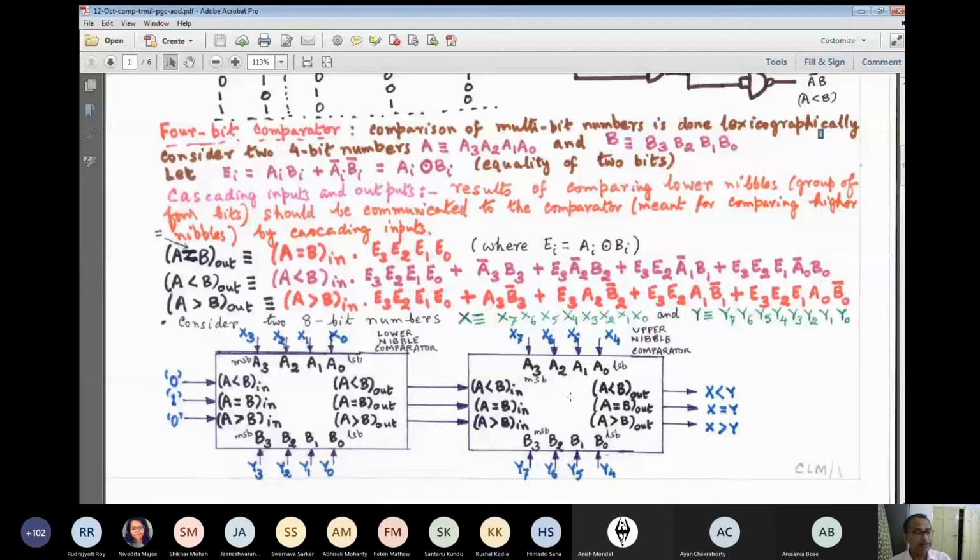Similarly, when I ask you to solve the problem in another manner, in place of the lower nibble comparator, on my left will be the upper nibble comparator, and on my right will be the lower nibble comparator. Then how will the equations change? Definitely they will change, as you can understand. Using the information regarding the upper nibble comparison here will be different from using the information regarding the lower nibble comparator.